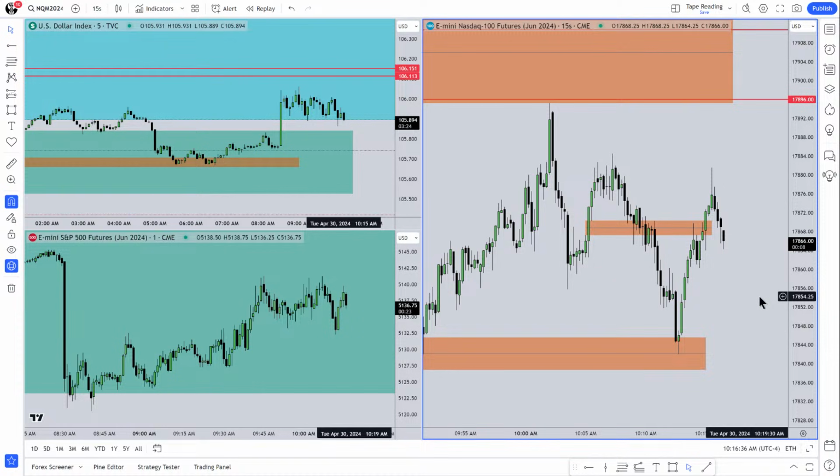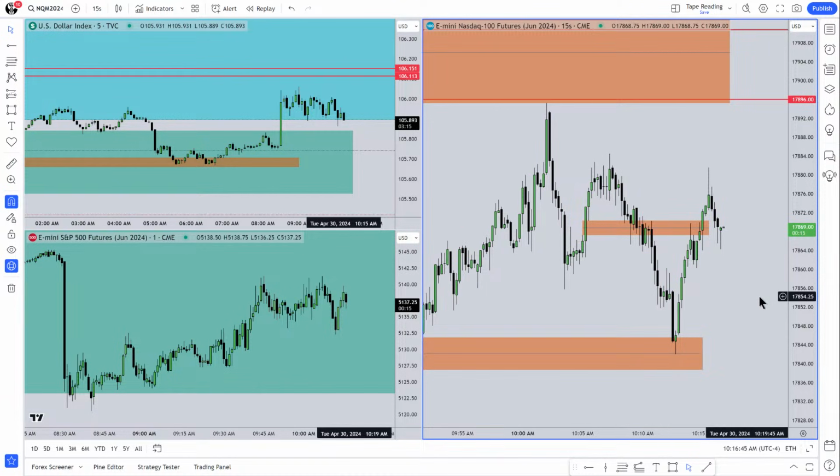So there's been fluctuations, but none of this is of any interest to me. I'm watching the bodies in here to see if it's staying inside this gap.